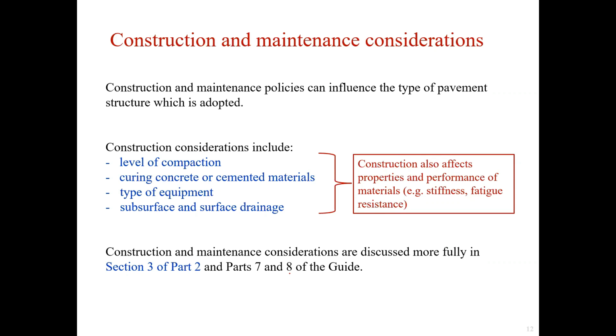Since construction also affects the properties and performance of materials, considerations need to be taken during construction, including the compaction level, curing of concrete or cemented materials, the type of equipment, and subsurface and surface drainage. For example, we need to make sure the pavement selected is compatible with the available equipment for construction.